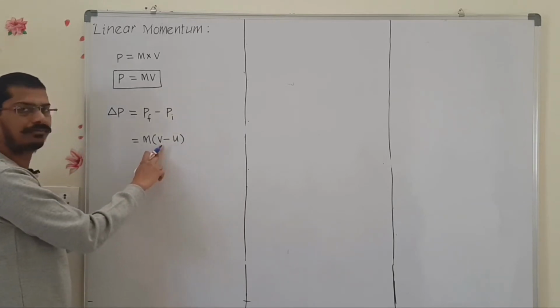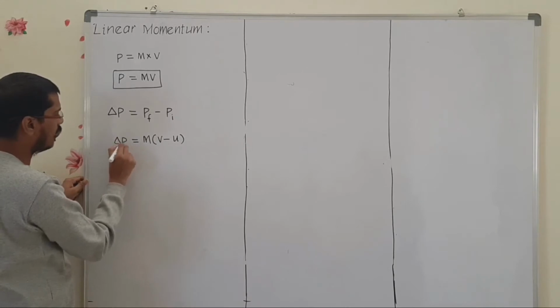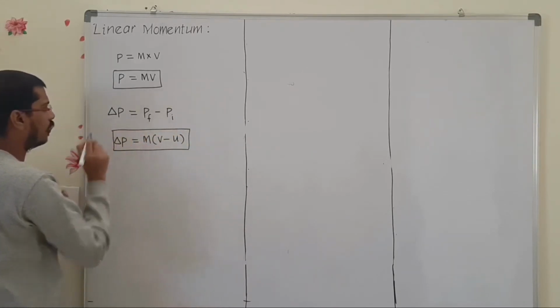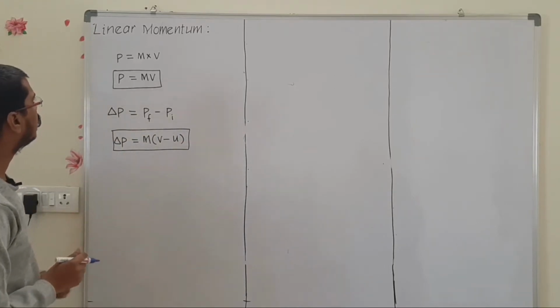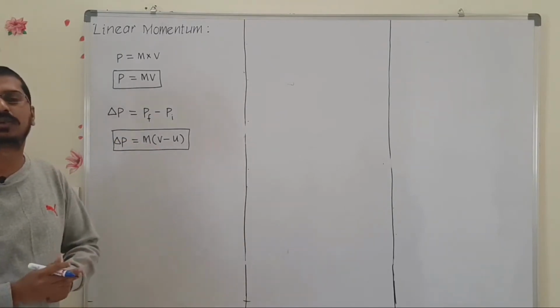Here v is the final velocity, u is the initial velocity. Then the change in momentum is m into (v minus u). This process we can discuss in two cases.